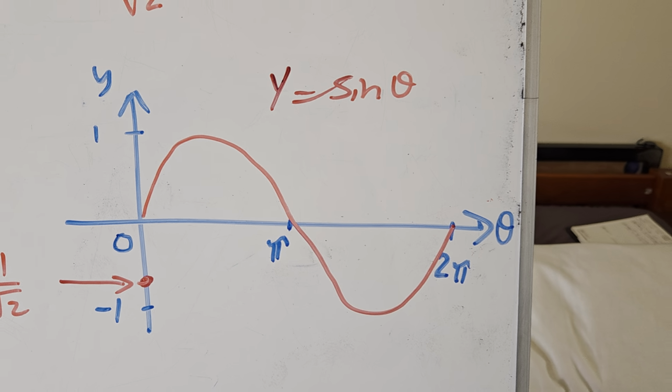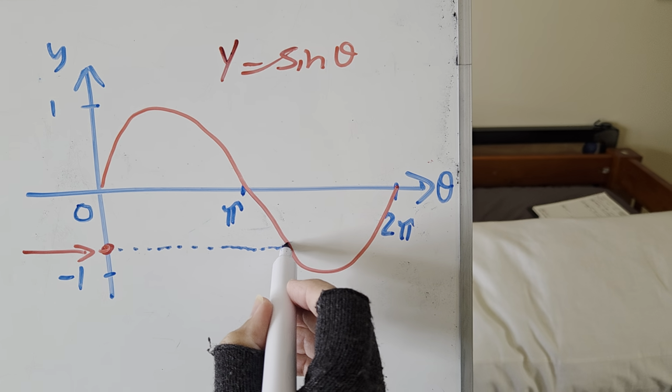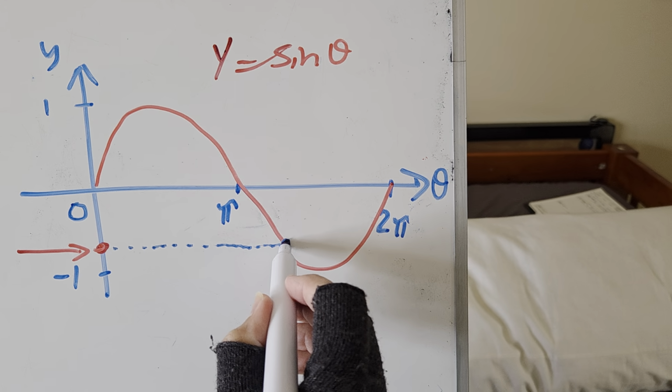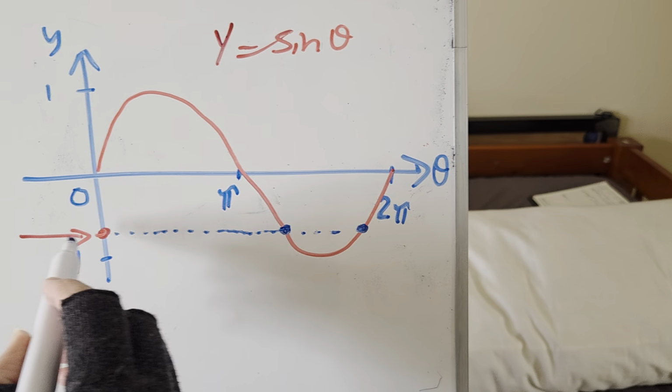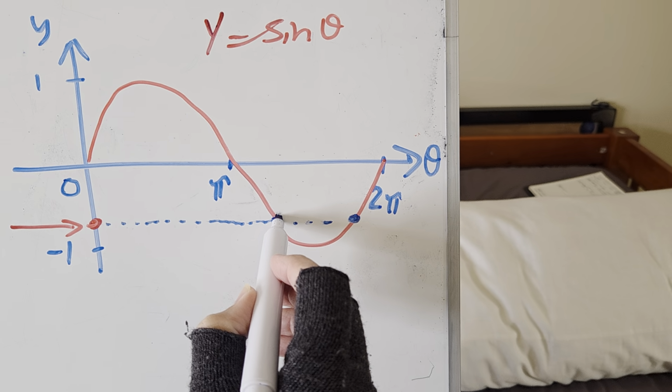So if I go across to the graph, that's the first point, that's the second point. So the graph of y is equal to sine theta is equal to -1 over square root of 2, that is -0.71 at this point, let's call it point 1, and at this point.